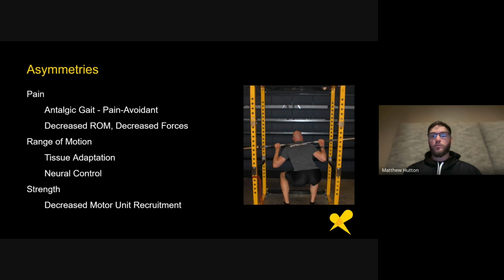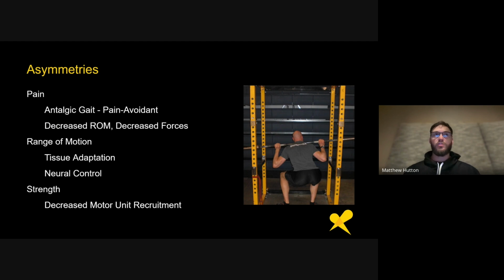Maybe they're not aware of it, but it's just a decreased range of motion or decreased force production that's causing that. A lot of times with ACL rehabs, you'll see that decreased force production lead to that shift in the hips, and they're using their stronger knee as a compensation, or the neural system is basically taking over and saying, if I'm perfectly symmetrical, I can't squat to depth. And if I'm trying to get down to a deep squat, now I'm going to shift onto my other leg to accomplish that.